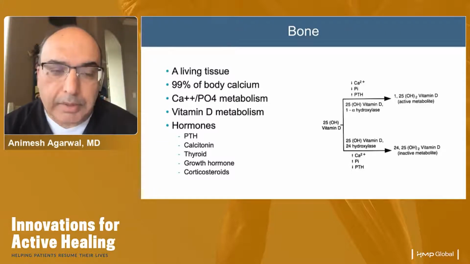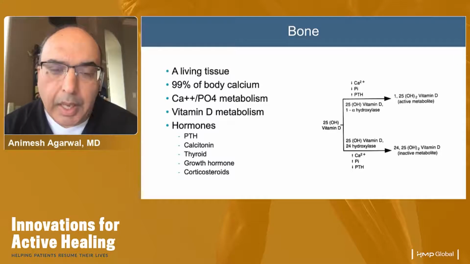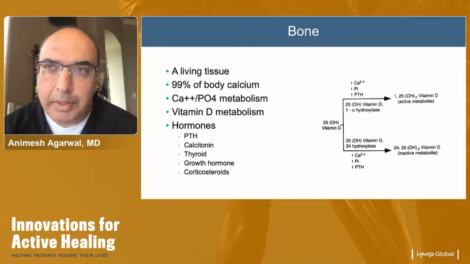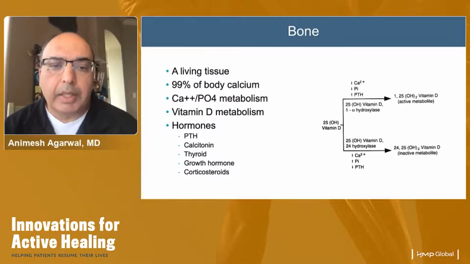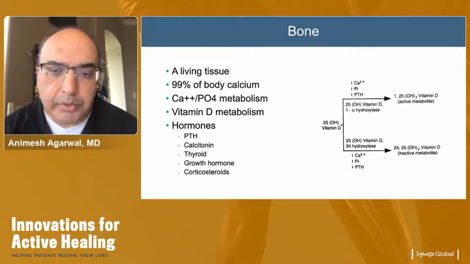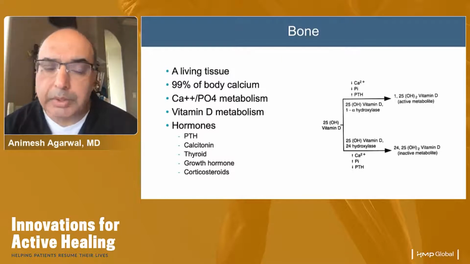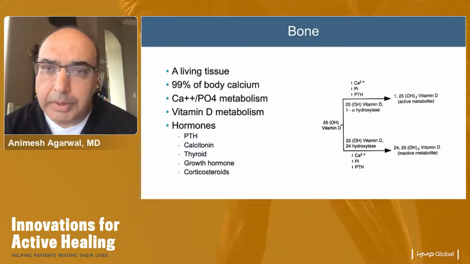I'm sure over the last several years, we have all become more in tune to vitamin D and the lack thereof in patients. Majority of my patients, especially those being evaluated for non-unions, get a vitamin D workup. At this point, we get a vitamin D 25 hydroxy level, and oftentimes that will be extremely low. Despite patients being out in the sun, drinking milk, we're finding that many patients are vitamin D deficient.